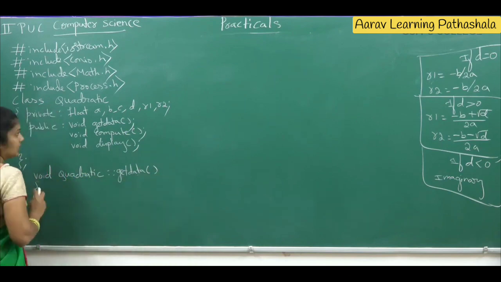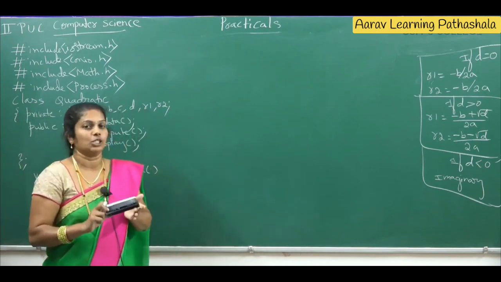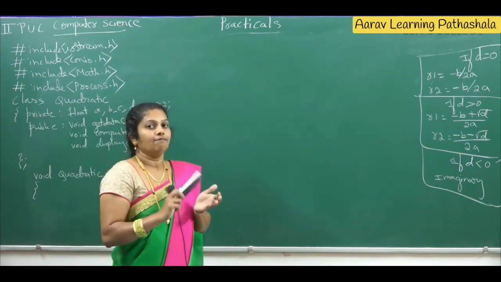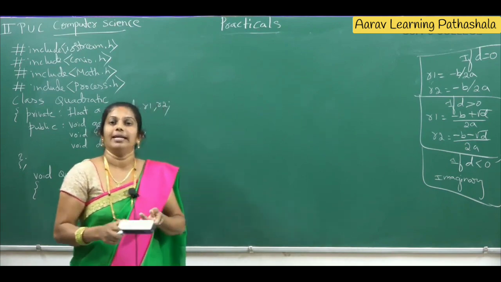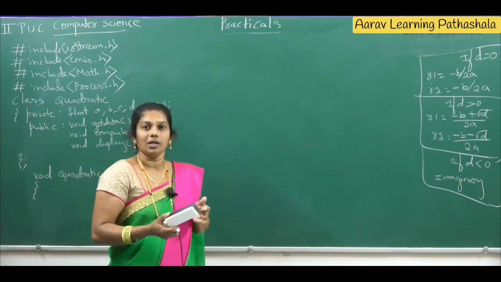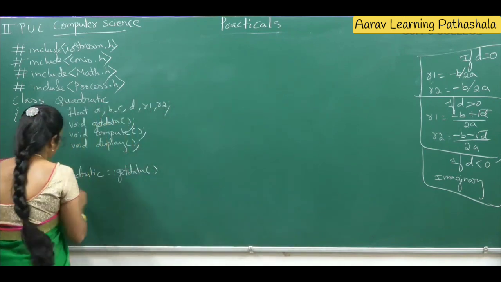Now, which variables do we require to calculate the discriminant as well as root 1 and root 2? For that we require 3 variables, A, B, C. If you want, you can write enter the value of A, B, C, or you can write enter the coefficients.